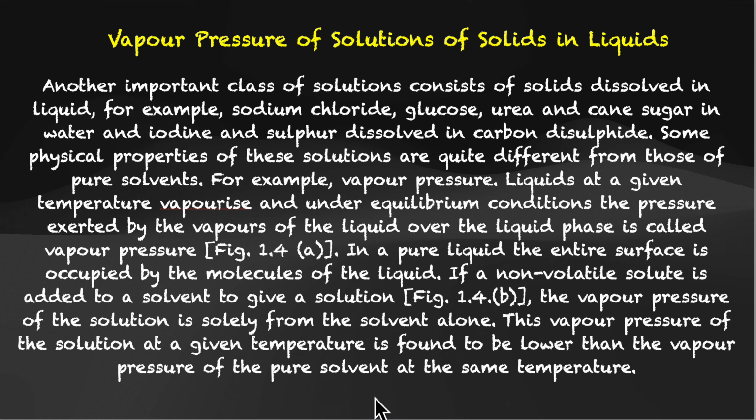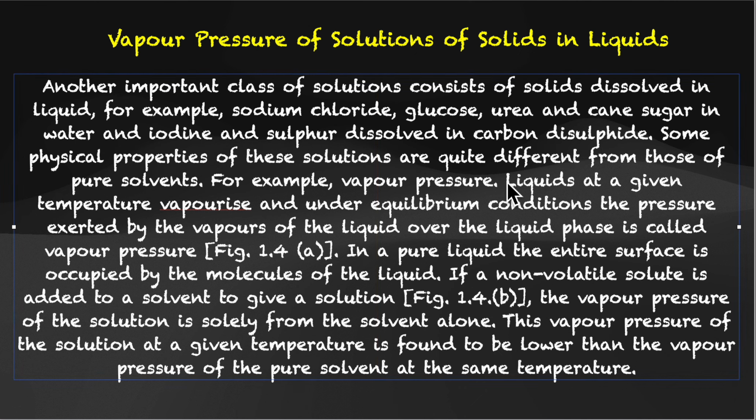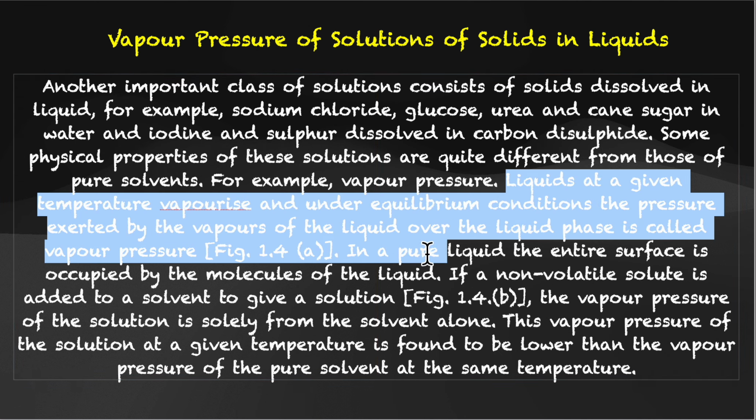For example, vapor pressure. Liquids at a given temperature vaporize, and under equilibrium conditions, the pressure exerted by the vapors of the liquid over the liquid phase is called vapor pressure. This is also important. What is vapor pressure?